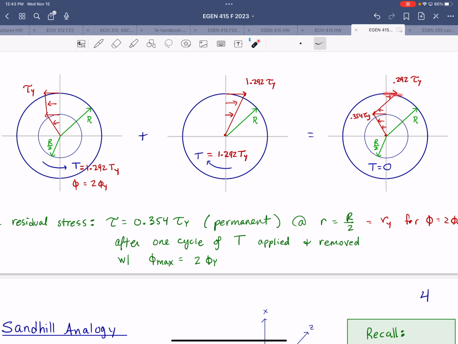I haven't investigated that, but that would be an interesting little case study. This value would depend on where that point is, so that would be a good investigation. Good question.